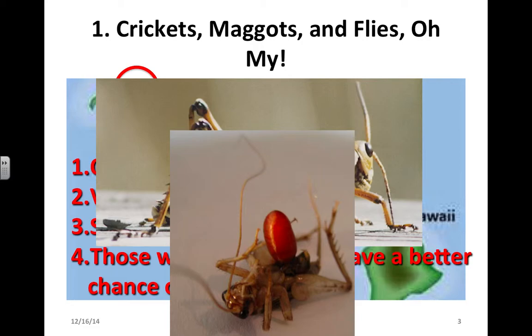In a period from 1999 until 2001, the cricket population went down because it was getting killed by these parasitic flies. But less than 2 years later, in the year 2003, the numbers were up again. So what's the deal with that?